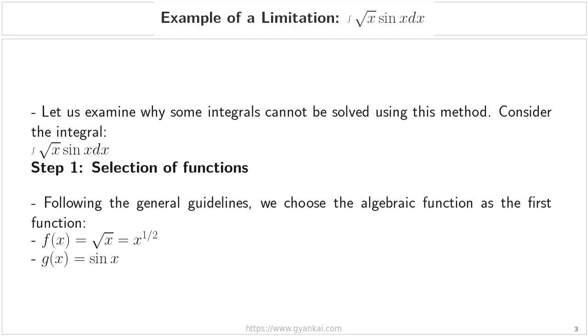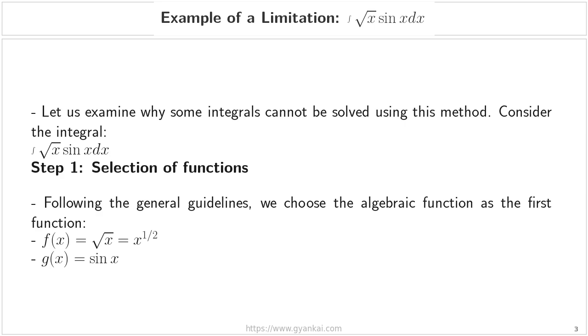Following those general guidelines, polynomial, logarithmic, algebraic, trigonometric, exponential, we choose the algebraic function as our first function, f of x in this case. That's the square root of x. We can rewrite that as x to the power of 1/2. So f of x equals square root of x, which is the same as x to the power of 1/2.